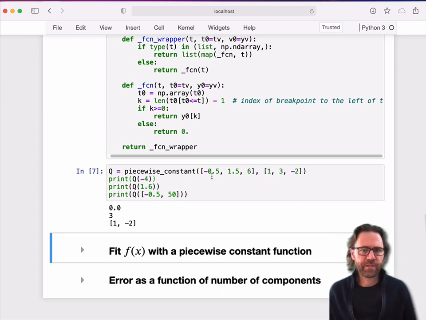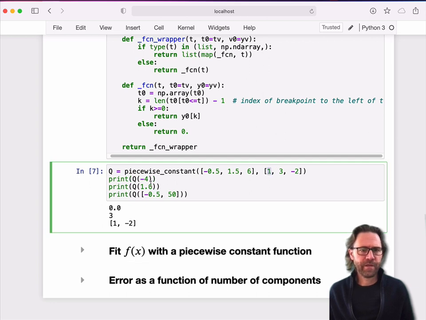So for example, between negative 0.5 and 1.5, it's supposed to hold a value of 1. Let's see, 1.6. So 1.6 is in this range, so it should hold a value of 3. So sure enough, when I evaluate that function at 1.6, it returns a value of 3.